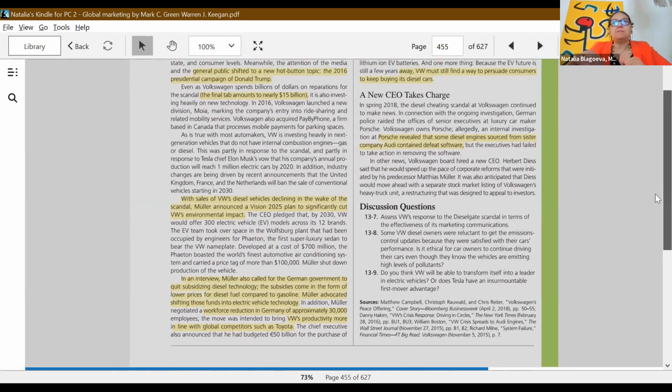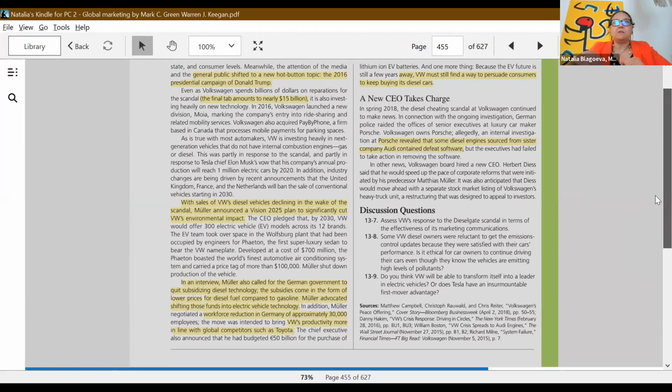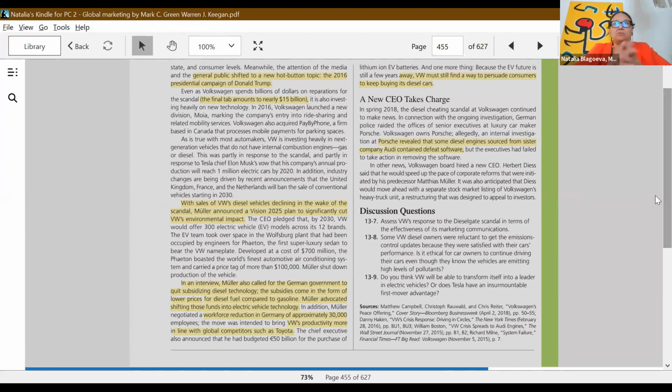So they had a number of activities trying to deal with the case. Changes in CEO also. At the end, everything they did cost them $15 billion. And this is up to the moment when this textbook was written. So it's a huge consequence for this company.